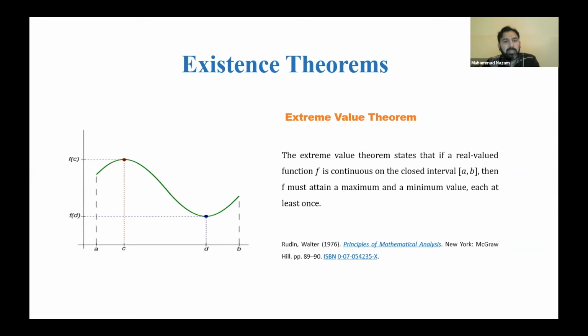And you see that for every function having such a graph, which has no jumps, you can always find maximum and minimum points. It is very clear because the function is continuous, there are no jumps in the graph, and we have the closed interval. So that's why. Okay.